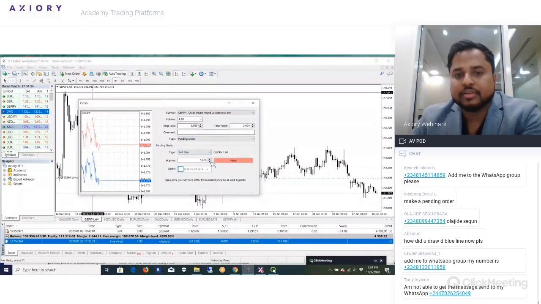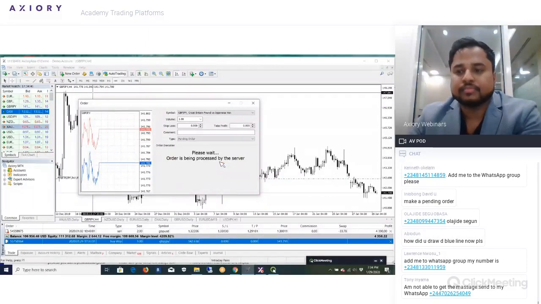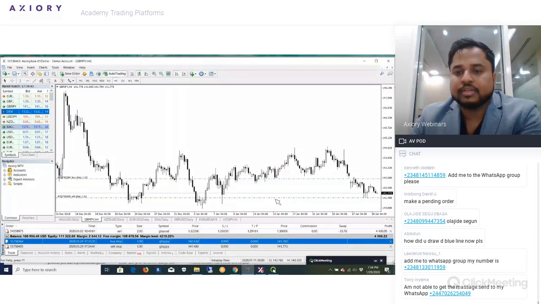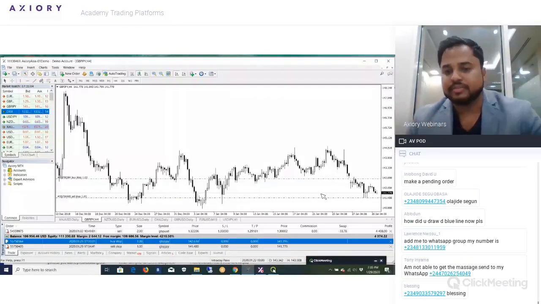So I am putting an order at 141,480. See here, there is a sell stop. When the price reaches this level, this order will be executed. Selling area. So it all depends upon your strategy and your idea, where the market goes and which position you need to carry.